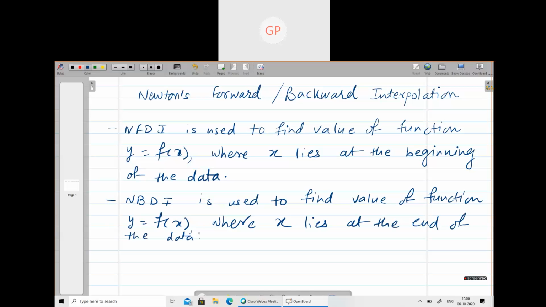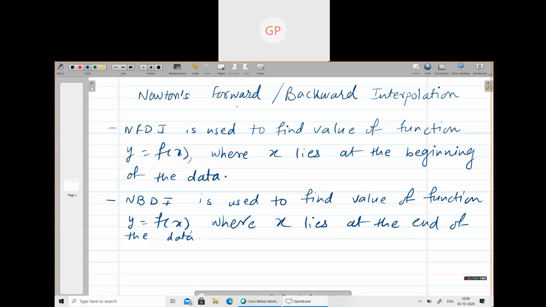This is a convention, not a thumb rule. It's not that if you use forward for an x value at the end of the data, you will not get an answer. Of course, you can use both interpolation techniques for any x which is in the range.